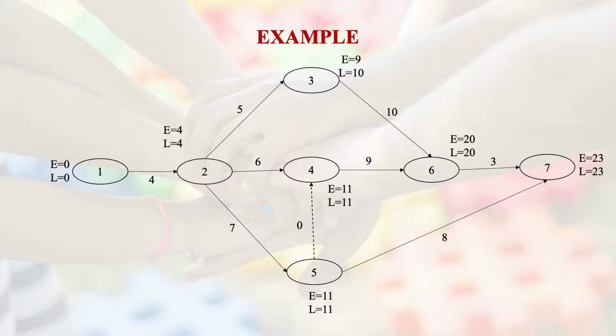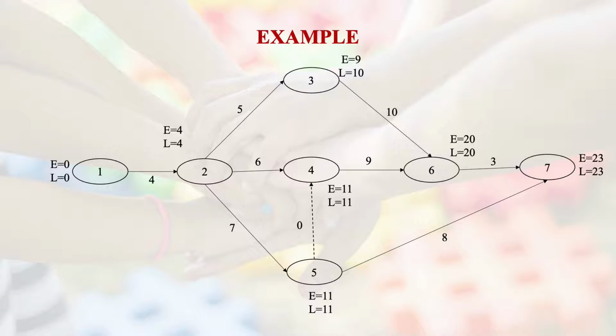Okay, so now what you see, when the events were happening from event 2 to event 4 directly, then the earliest occurrence time was 10. But the event has not yet occurred, because we are going to consider the maximum time in this particular case, which is happening when event 2 is occurring, followed by event 5, and then followed by event 4.